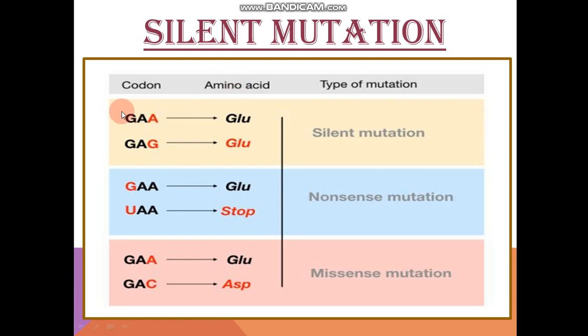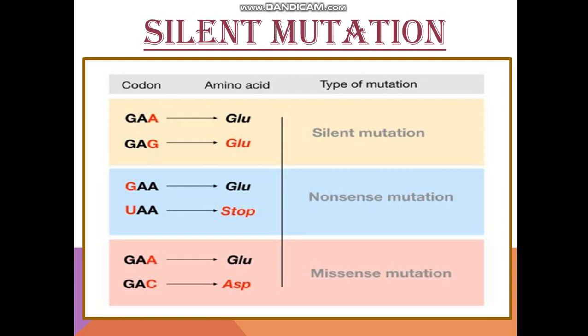Similarly, sometimes adenine is replaced by a guanine as the third base. Here what is happening? A similar transition, you remember, purine replaced by purine, pyrimidine replaced by pyrimidine. So here it's the same condition. The first two bases are the same, GA, but the third base, adenine, is replaced by guanine. But this kind of mutation does not make any sound, it is not affecting the outcome. Why?